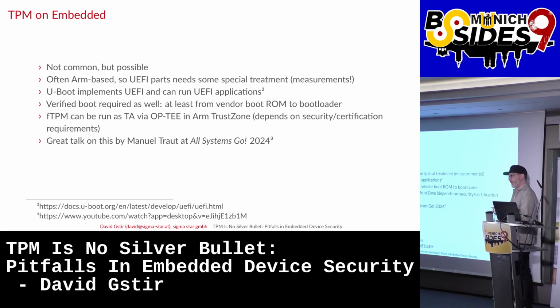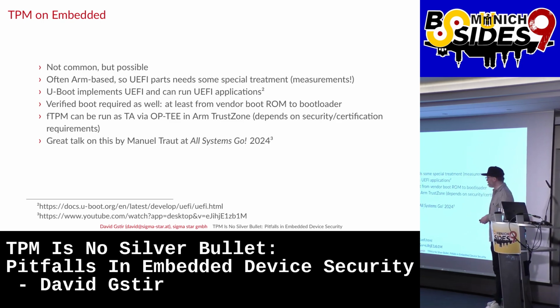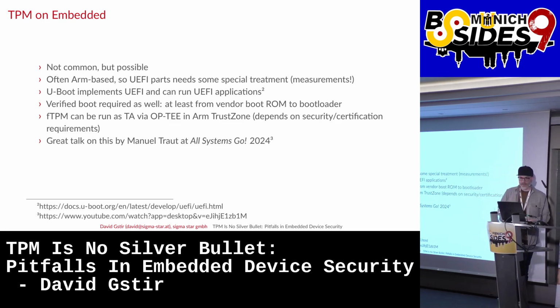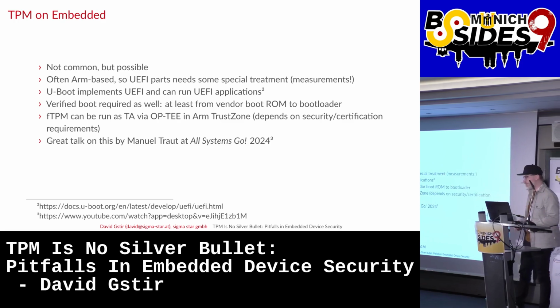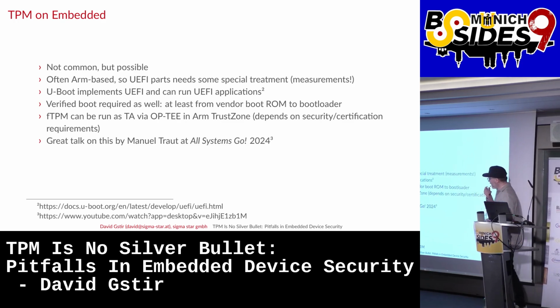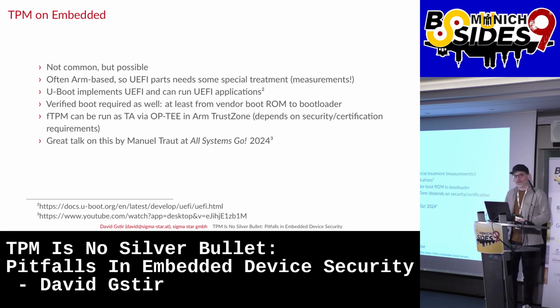For the main CPU or the kernel, it looks like there's a regular TPM chip there. And you can even run the whole measured boot chain from U-Boot's emulated UEFI, so you load the necessary blobs and go all the way up to your kernel. There's a great talk by Manuel Traut from All Systems Go last year, which explains exactly how he did that in full detail.